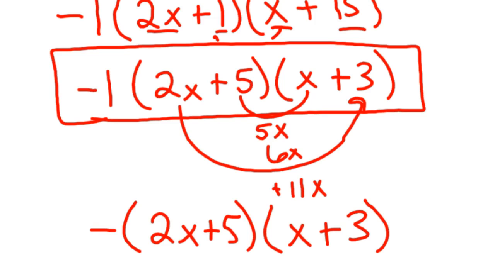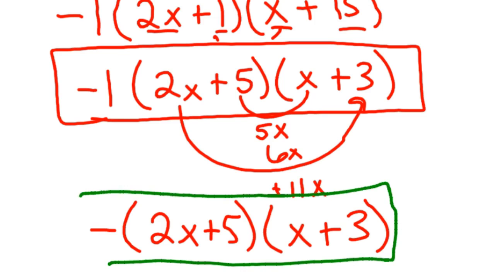This is your final answer simplified. But had you put the 3 here and the 5 here, that wouldn't have worked. You'd have had 10 and 3, which is 13x. So you'd have had to rearrange them. So that's a factoring problem that's not quite so easy as what you generally see.